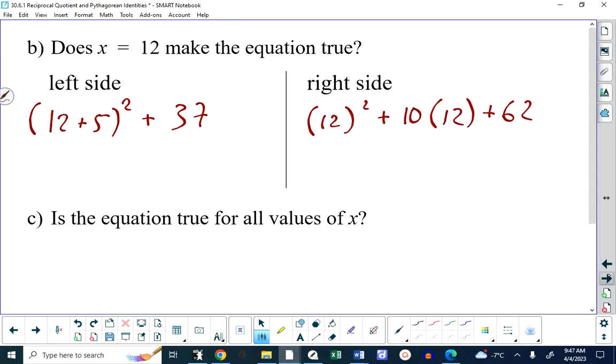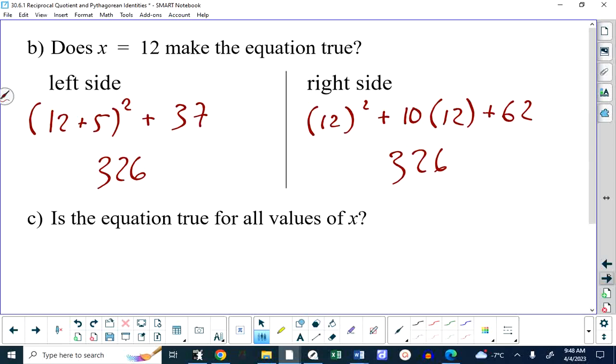I don't want to have to do this in my head. Is that 326? It is. I surprised myself. And watch with lightning speed how quickly I do this one. No, it's 326. I just know that they're going to be equal, okay? But do you get 326 on both sides?